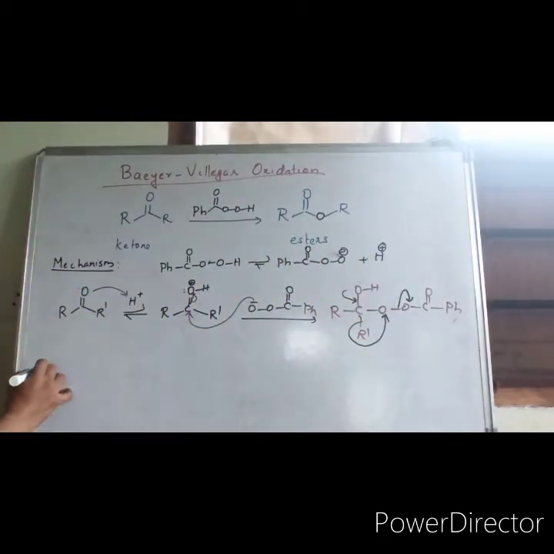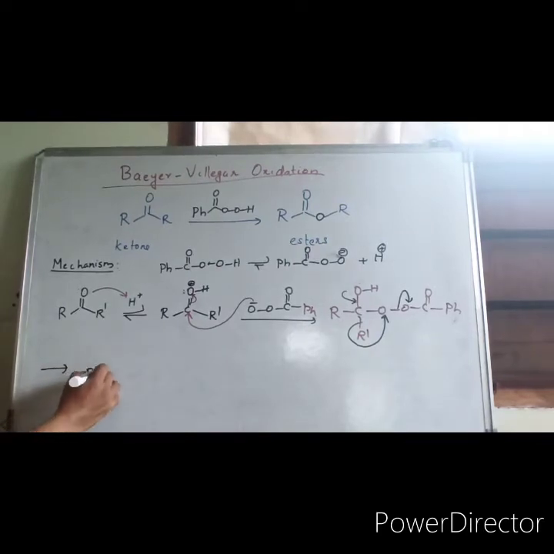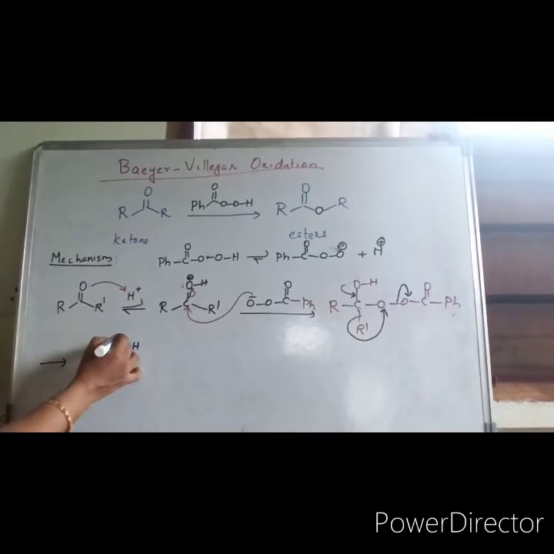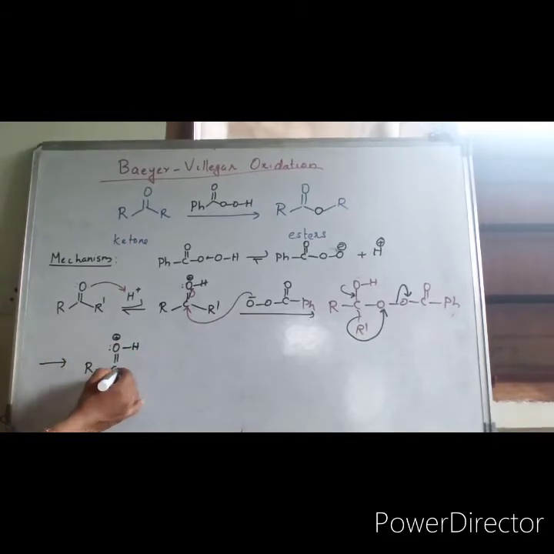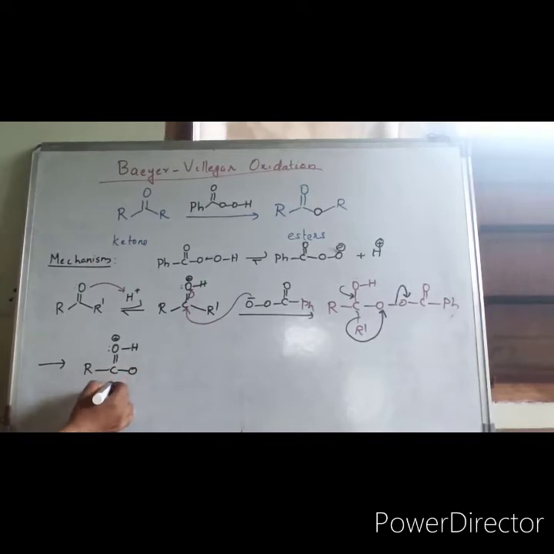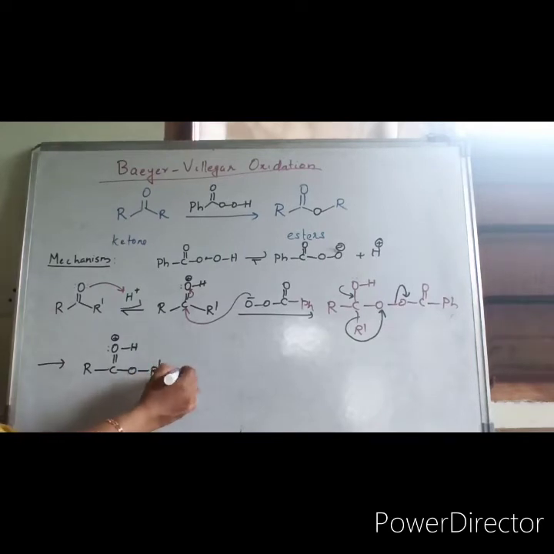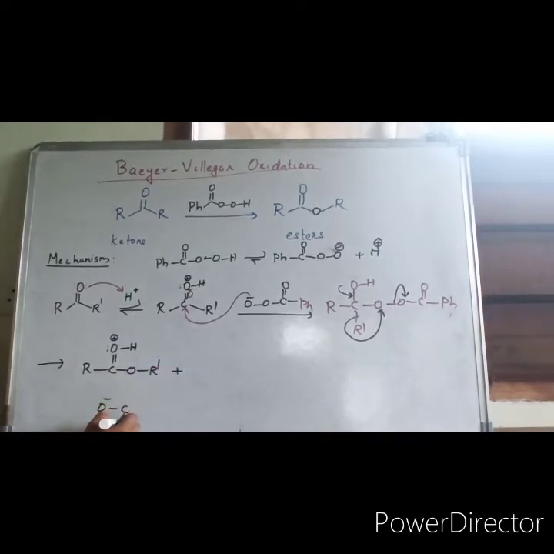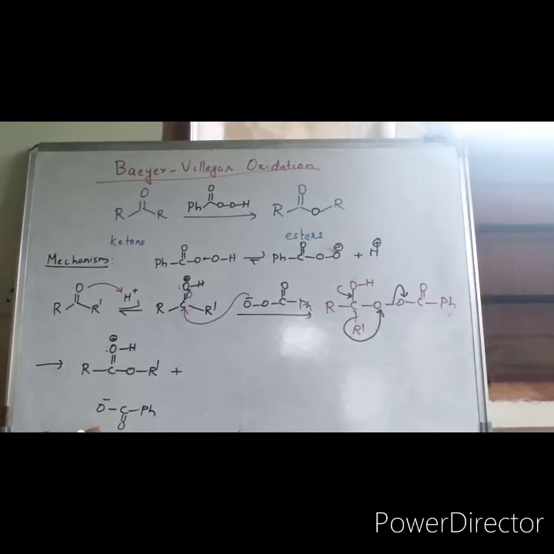So the product would be R C double bond O H. The oxygen loses its lone pair, so positive charge, and here this will be shifted to oxygen, and the R dash group is shifted to oxygen. So it will be like this, plus O minus C double bond O Ph. The side product of the reaction will be the corresponding carboxylic acid.